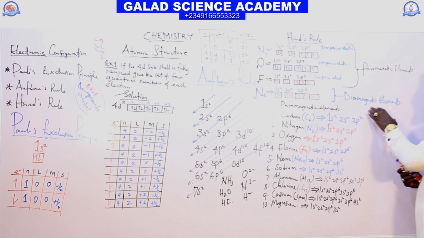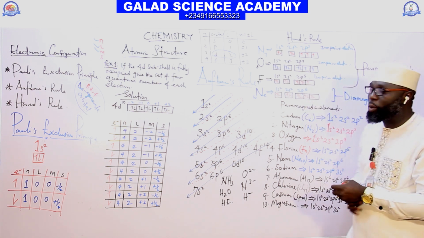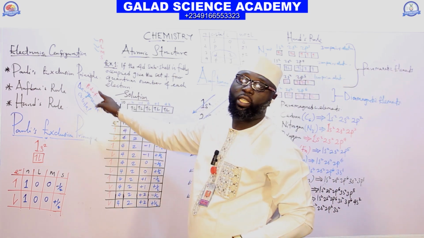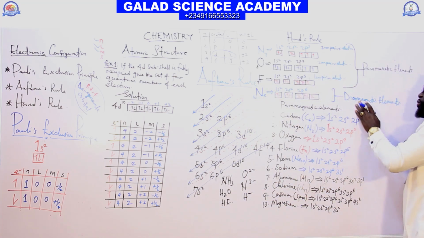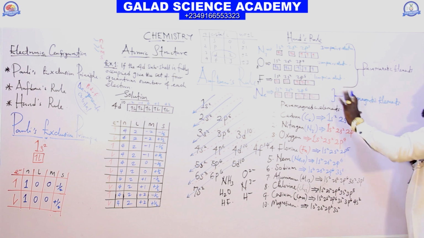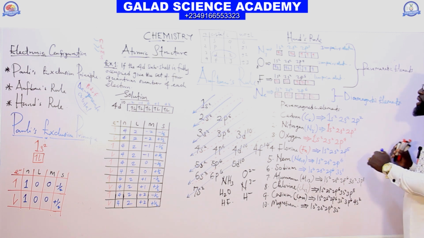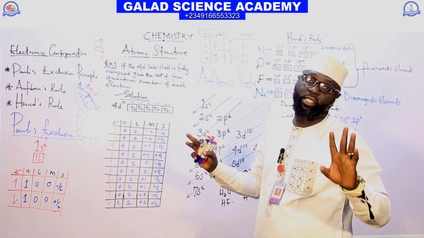They are elements that completely fill the degenerate orbitals, which are P, D, F. Neon is a good example of a diamagnetic element.